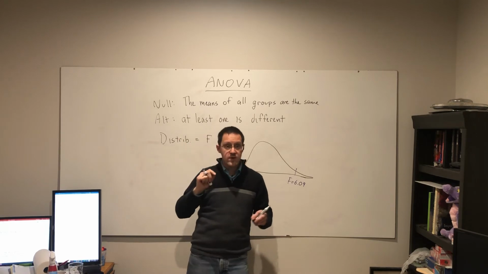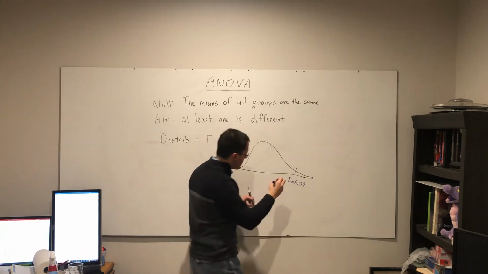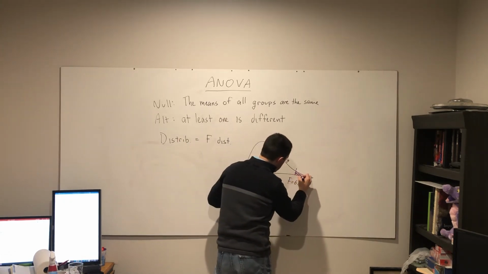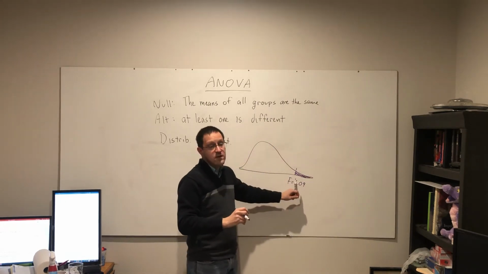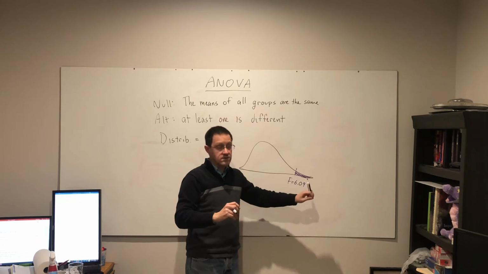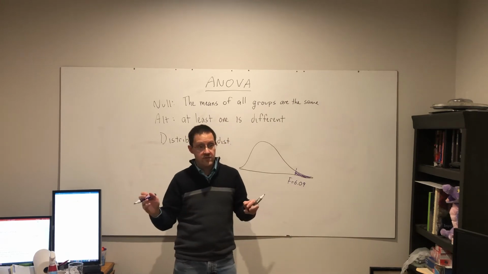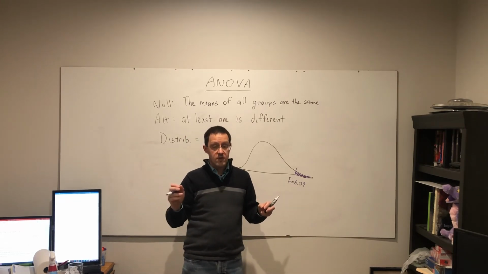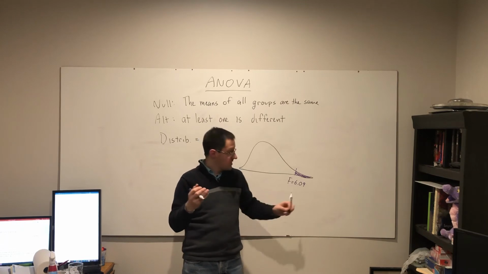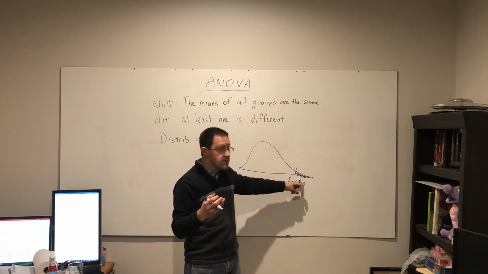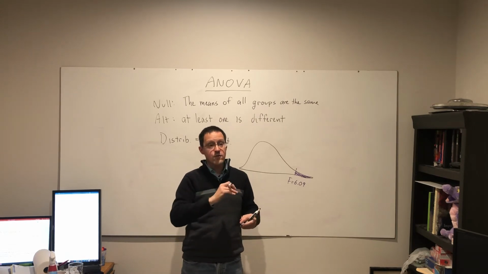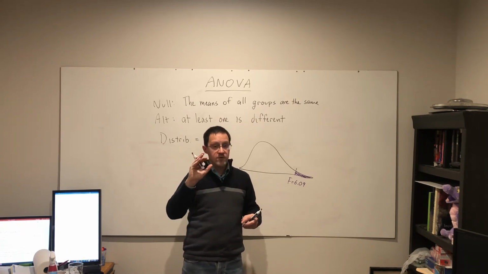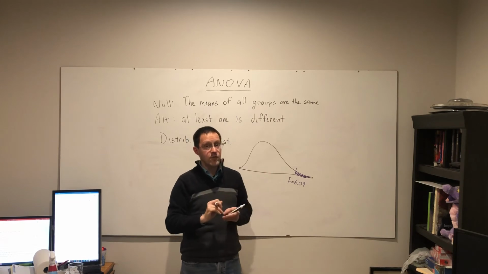So really, we need to look at the likelihood of getting this value or greater under the null hypothesis. That ends up being the proportion that is shaded. That becomes our p-value, the extent to which the data supports that null hypothesis that they are all the same.